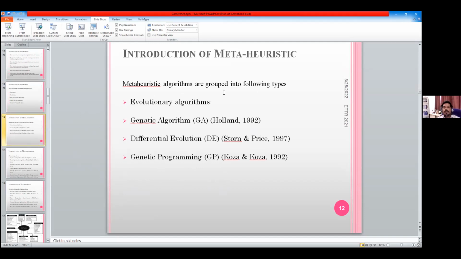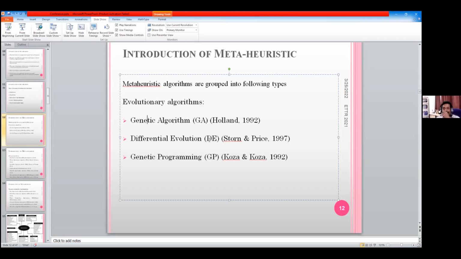Okay, generally these metaheuristic or nature-inspired algorithms are divided into four types of algorithms. One is called evolutionary algorithms. In evolutionary algorithms, an example is the genetic algorithm, which came in 1992.